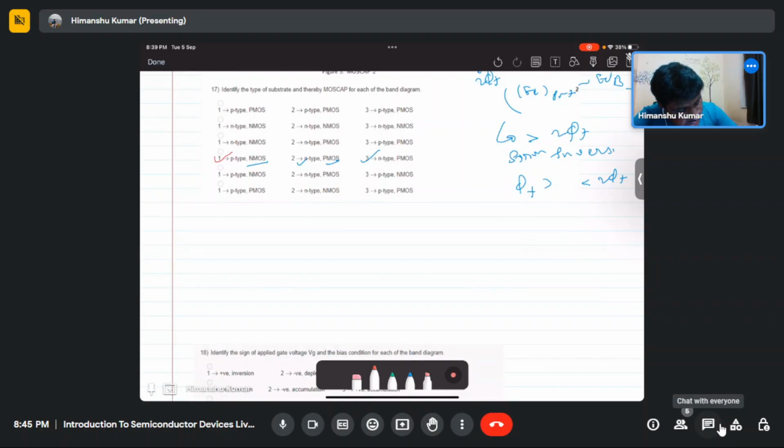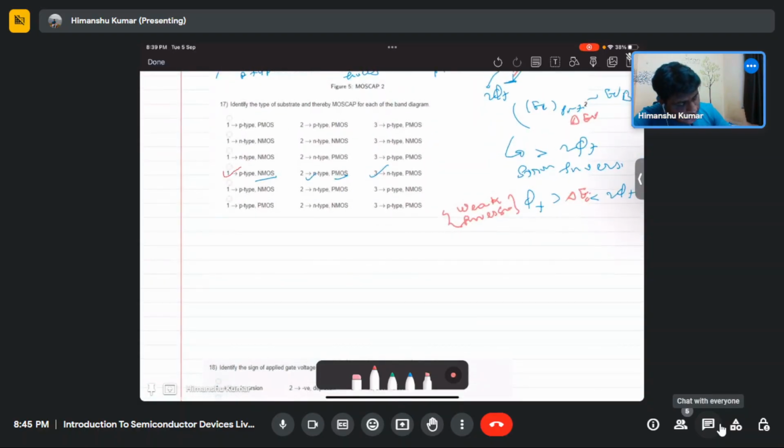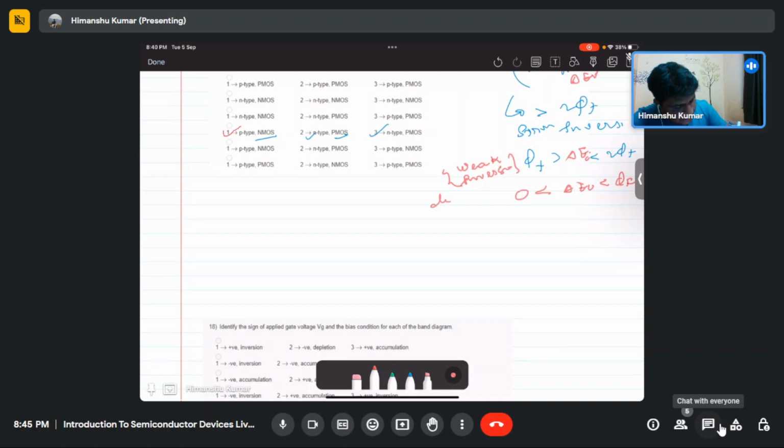Let's call this delta EI. If delta EI is in between, then we can say this is weak inversion, inversion just starting to happen. In the other case, if delta EI is less than phi f and greater than 0, then we can say depletion is happening.